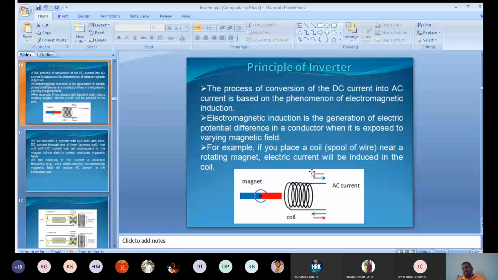So one rule is there in electrical engineering: when current is flowing through any conductor, at that time a magnetic field is produced around it. Okay, this is the one rule or law in electrical engineering. When we flow current through any conductor, at that time a magnetic field is produced around it.